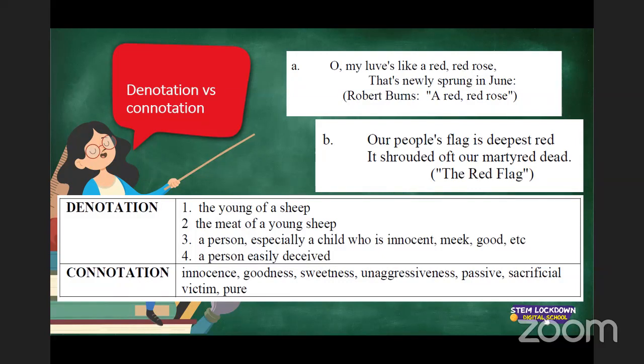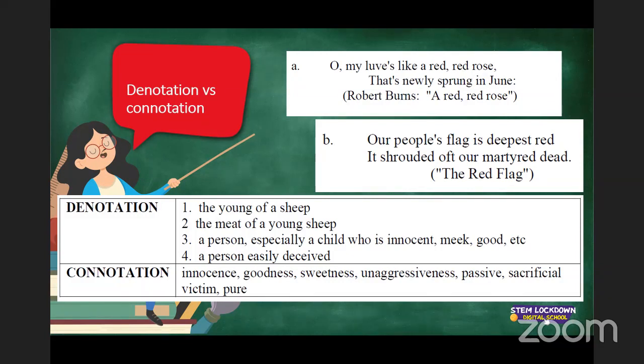There's a piece here by Robert Burns, A Red, Red Rose. It reads, "Oh, my love's like a red, red rose that's newly sprung in June." In the song, the word red connotes passion, intensity, beauty, not bloodshed or communism, for example.